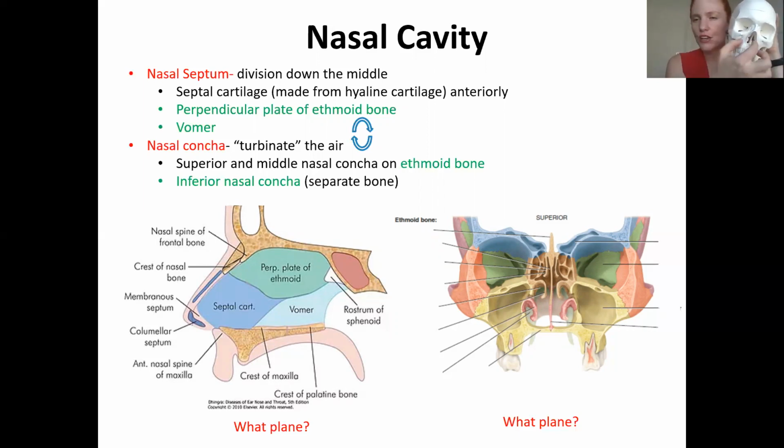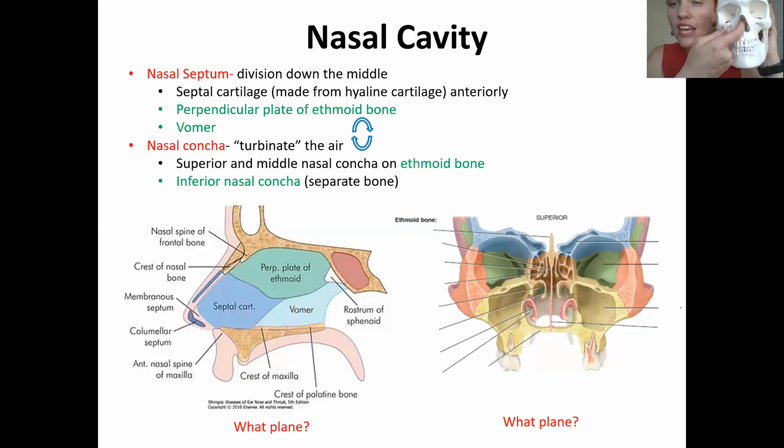Okay, so deep in there, the ethmoid bone, you can see the ethmoid bone in three places now. You can see the ethmoid bone right here, where you can see the crista galli that's surrounded by the frontal bone. You can see the ethmoid bone on the medial side of the orbit, the eye socket.